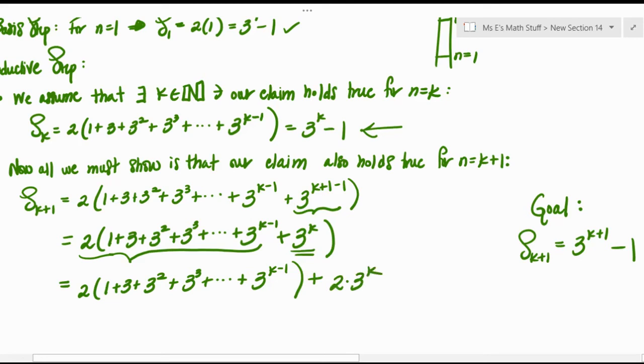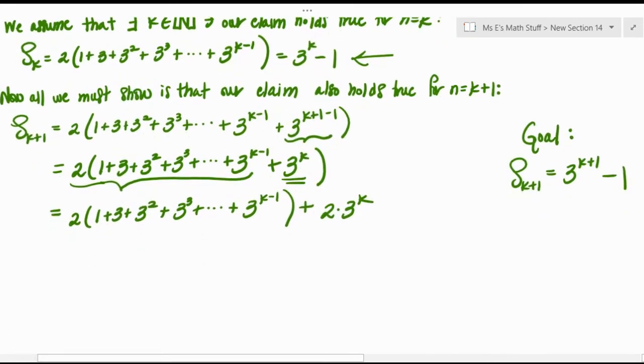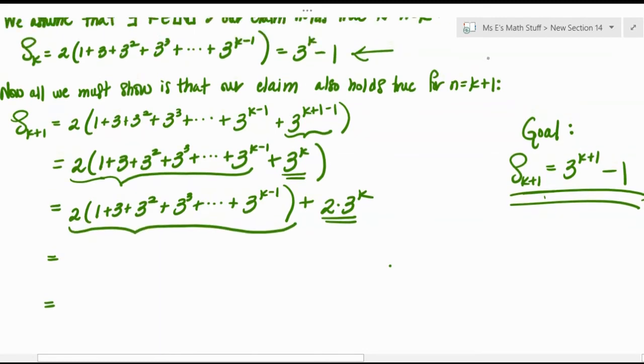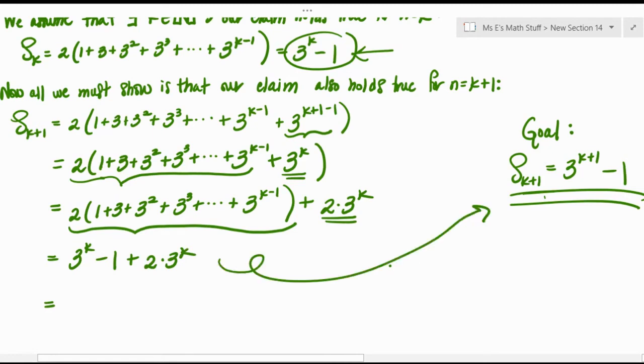And that's a common place where people don't realize that had to be there, and then they can't get anywhere with their proof. All right, now by our assumption, we can swap out this term by term piece for this expression right here, which is 3 to the k minus 1. But then we'd have our k plus 1 term tacked on at the end.